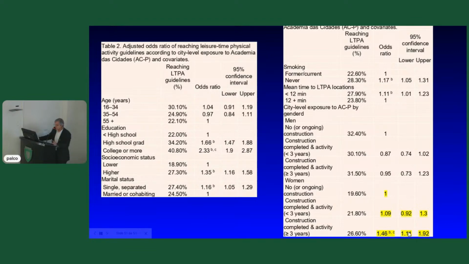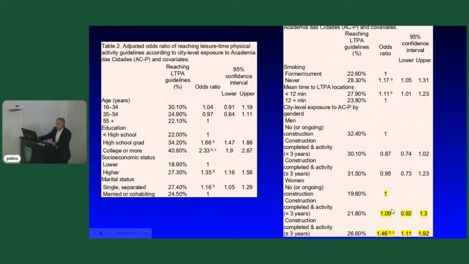That's 1.46, and highly significant at 0.03, I think. However, the next level was not significant by itself, but the p-value for the trend from 1 to 1.09 to 1.42 is highly significant, at 0.02 or 0.03 or something like that. So you have 2 ways of saying that.